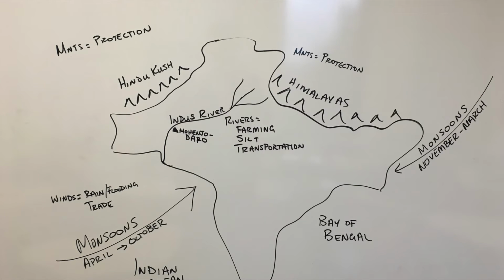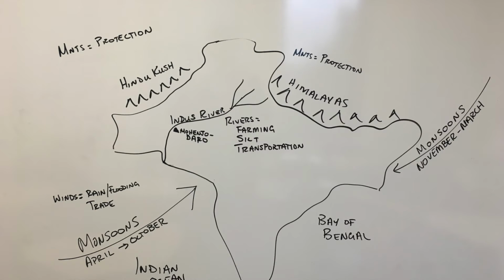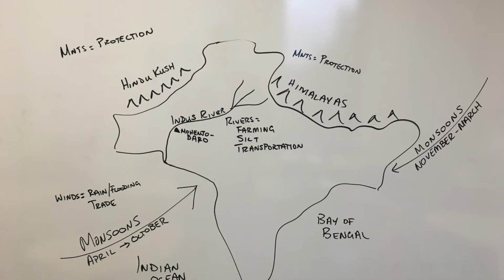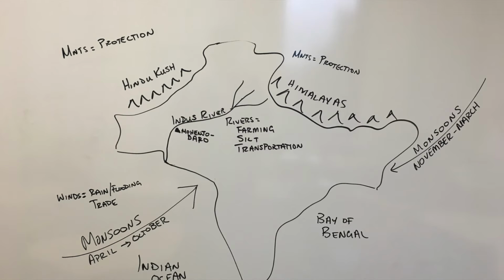All right. The climate of India is going to be affected by seasonal monsoons. Monsoons are just really, really strong, high wind. From April to October, the monsoons are going to come from the southwest. It's going to bring a lot of rain, but it's also going to provide wind in order to push boats to trade.